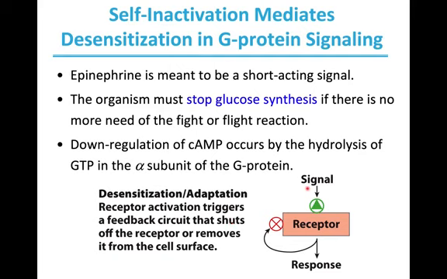In this case, a signal that initiates or activates a receptor, which leads to a response, can be hindered or dampened if the receptor stops the response before it gets amplified.